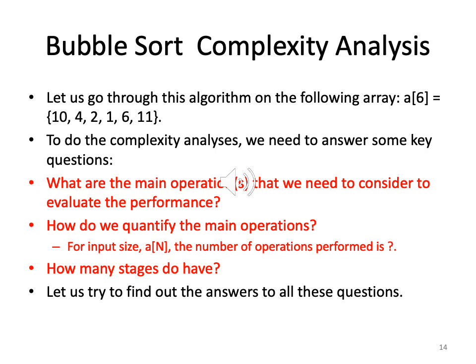So to do the complexity analysis, we first need to answer some key questions. What are the main operation or operations that we need to consider to evaluate the performance? How do we quantify the main operations? So which means for an input consisting of an array of size n, the number of operations performed is x.